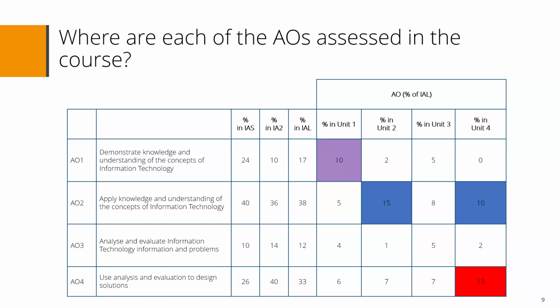Not a very high percentage at all. AO2, the application of that knowledge to an issue or problem, carries 38% of the marks overall. And as you might logically work out, it is going to feature in the Unit 2 practical paper and the Unit 4 practical paper. Obviously, these are practical skills, so they're going to be demonstrated in the practical exam.